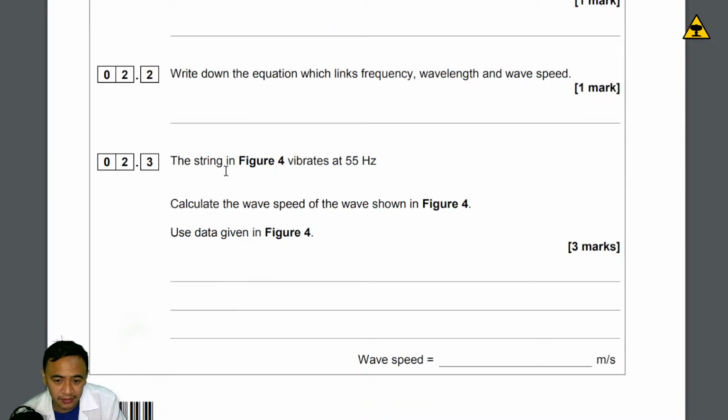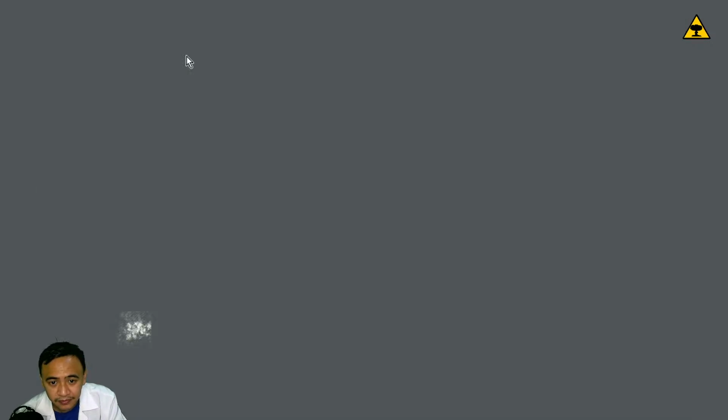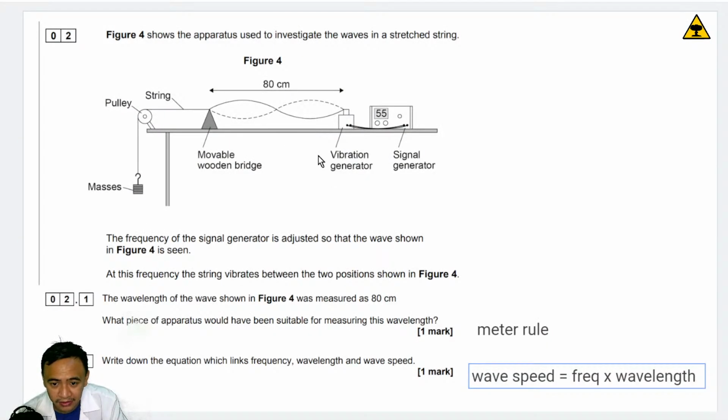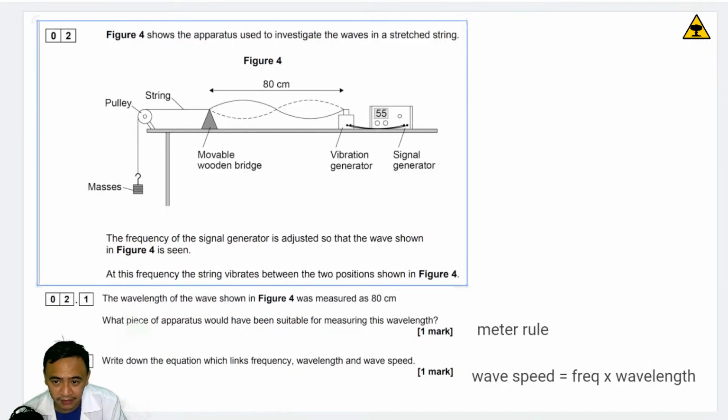Okay, so the string vibrates at 55 hertz, so you must calculate the speed of the wave as shown in figure 4. Use the data given in it. So I'll just put this information here as well.